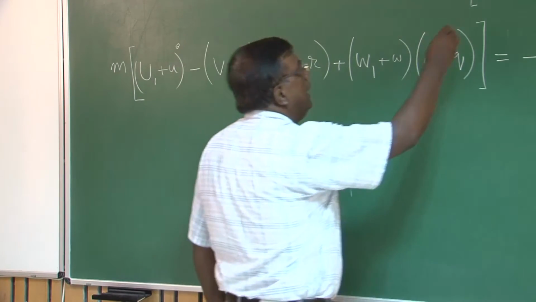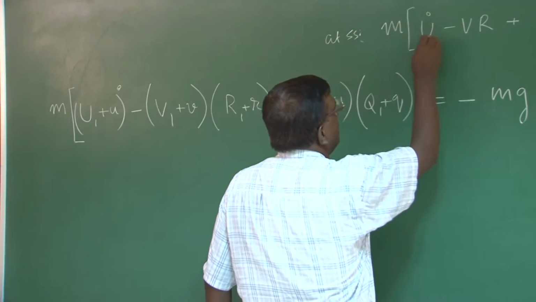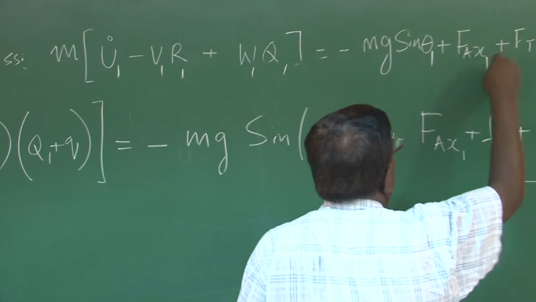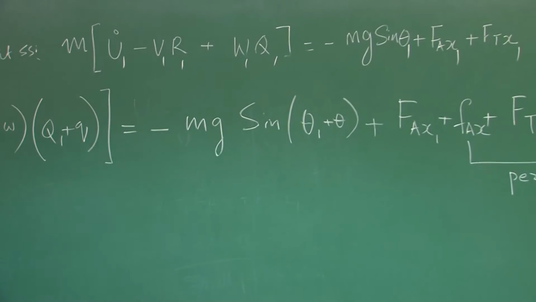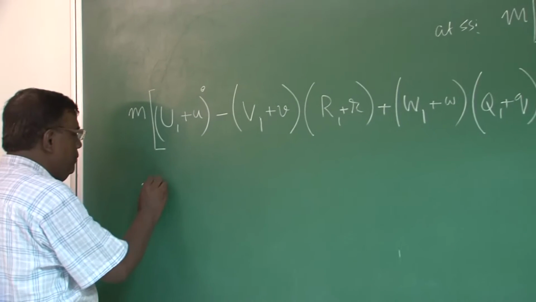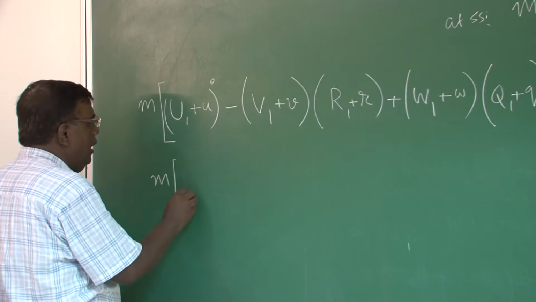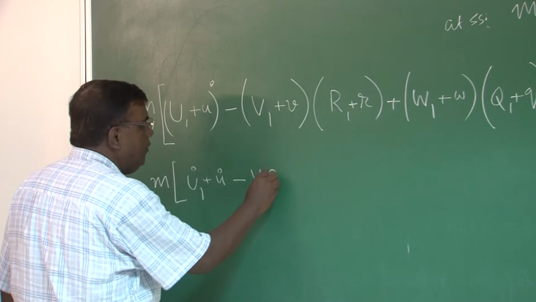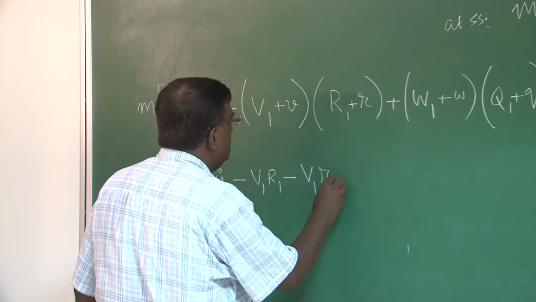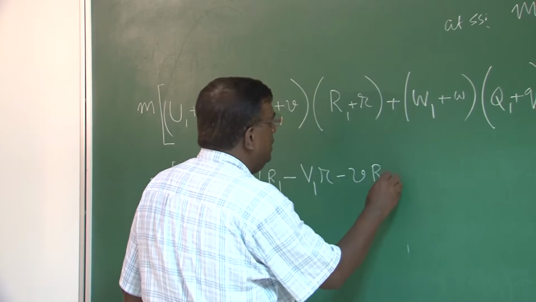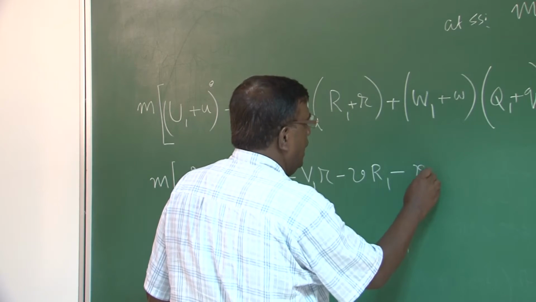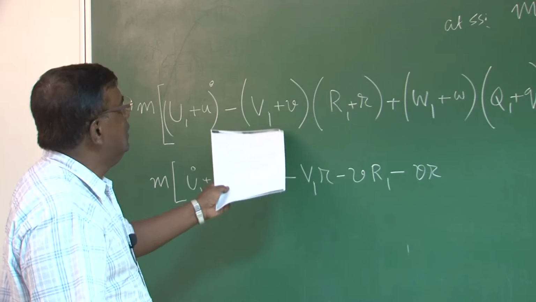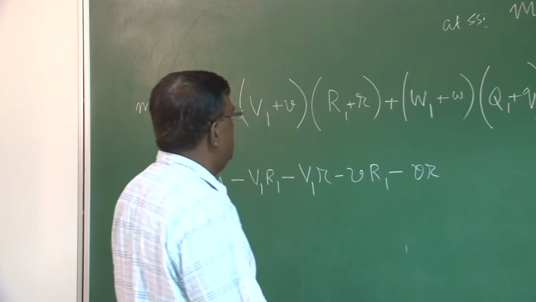Look here, at steady state, you understood. So now see this equation. Here, if I write M, it will have U1 dot plus U dot, minus V1 R1 minus V1 R minus V R1 minus VR. I'm just multiplying out V1 R1, V1 R, V R1, minus VR.